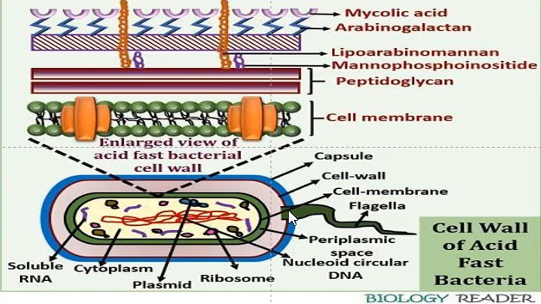Gram negative bacteria have a double membrane, the inner membrane and the outer membrane. Gram positive bacteria only have the inner membrane, but they don't have the outer membrane.